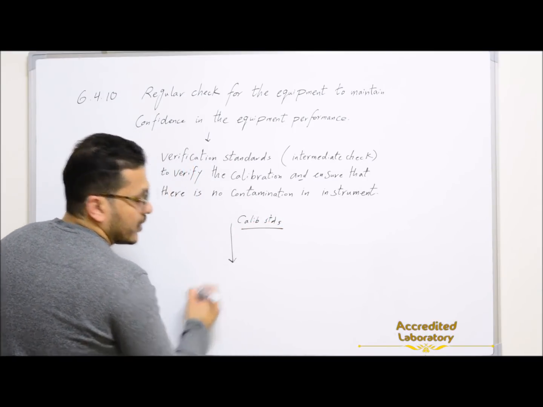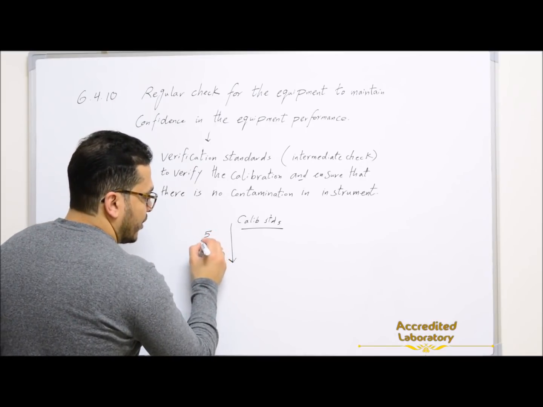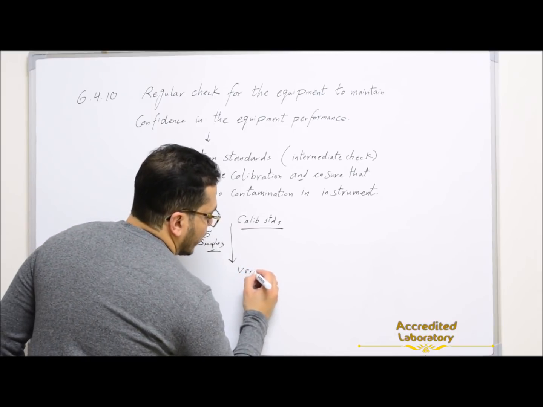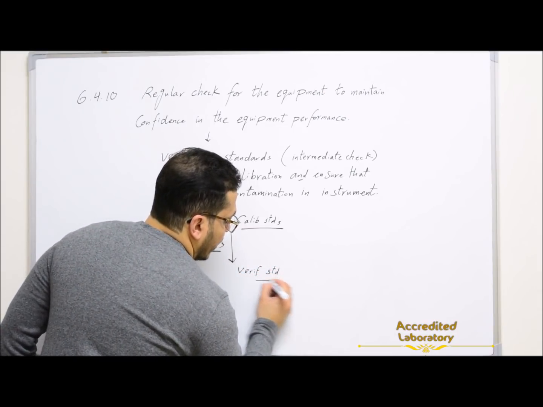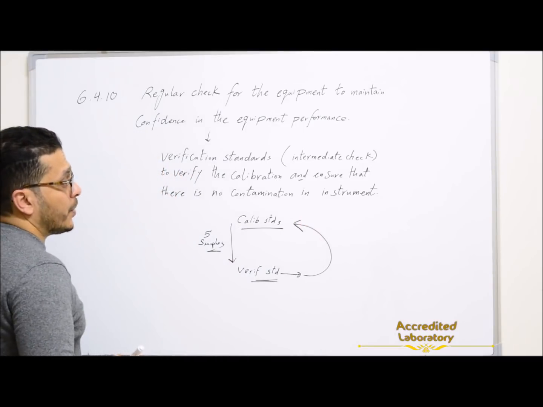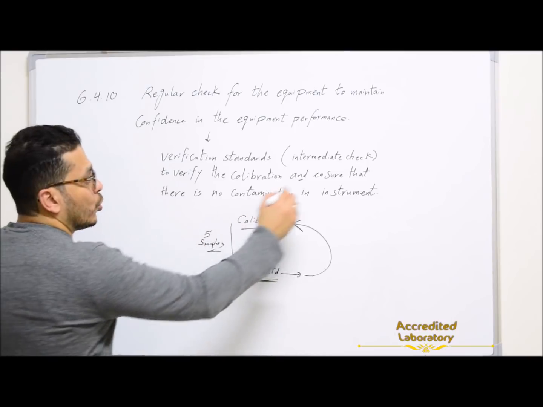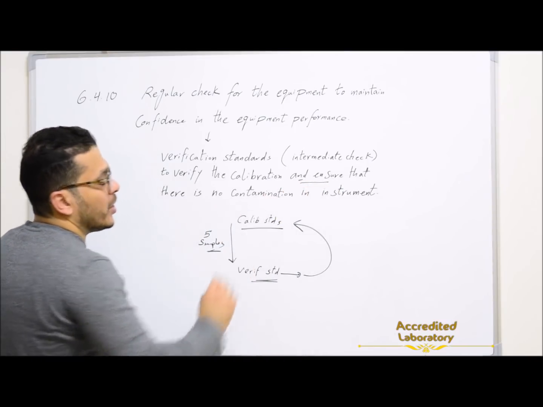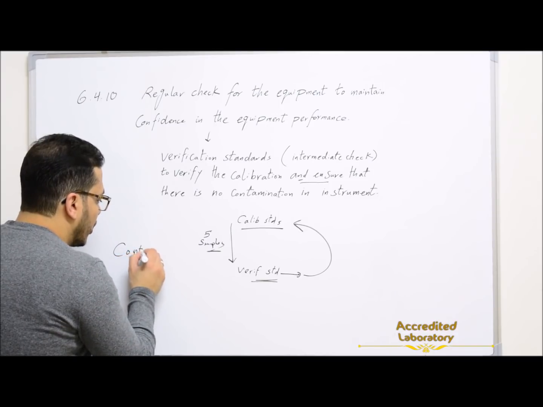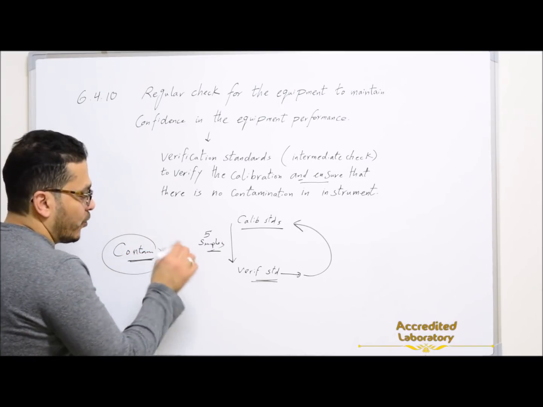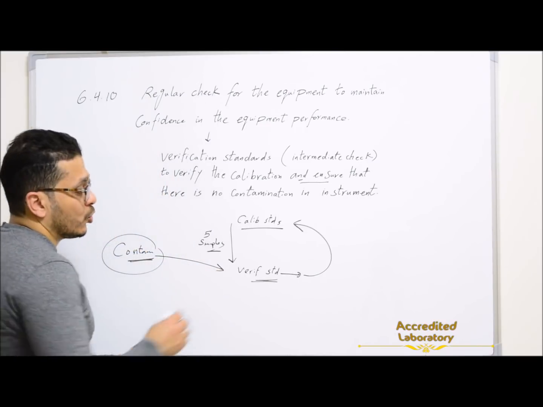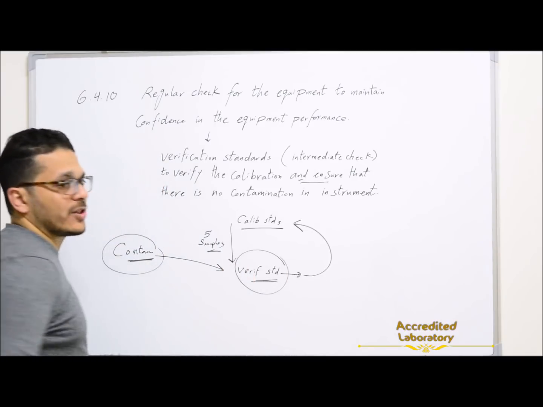After some samples, you can select 5 samples at the beginning, you can run a verification standard to verify the calibration, and also to ensure that there is no contamination in the instrument. If there is any cross-contamination from the instrument, as an example from the column, that will be transferred to all results. So you will know from the verification standard.